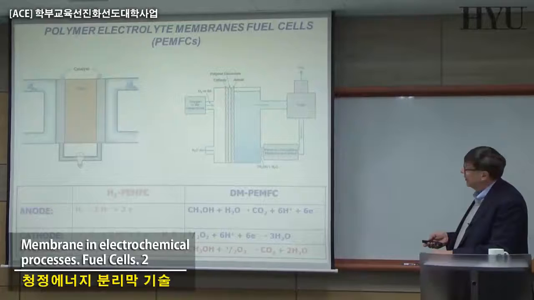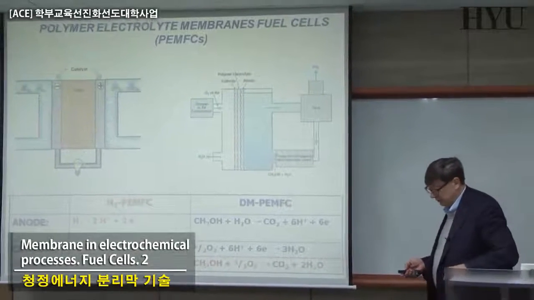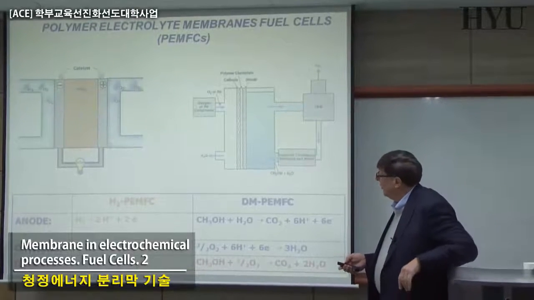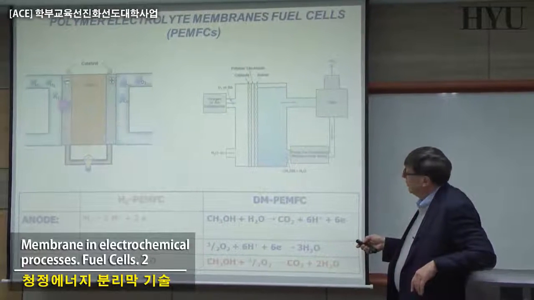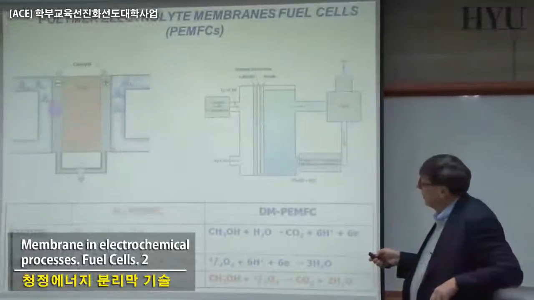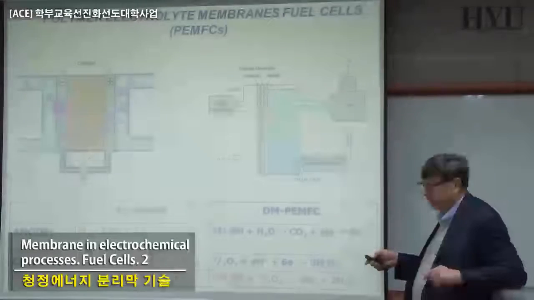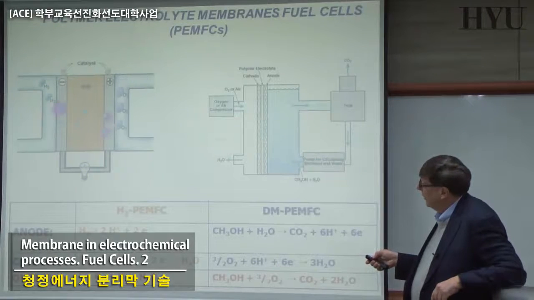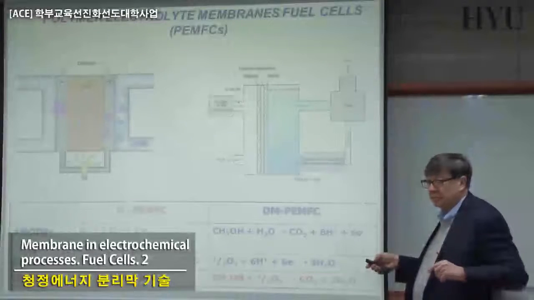Now here we can look a little bit in detail at what is happening in our fuel cell when it's working. As we have been discussing before, we have our two electrodes in the compartment, and hydrogen arrives at the anode, and the catalysts present on the surface help to split the hydrogen molecules into H+.